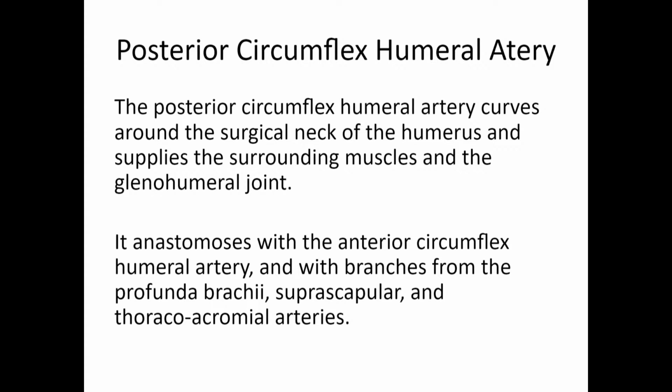As I've already mentioned, it anastomoses with the anterior circumflex humeral artery. Plus, it also anastomoses with branches from the profunda brachii, suprascapular and thoracoacromial arteries. So they kind of create a plexus there, right?